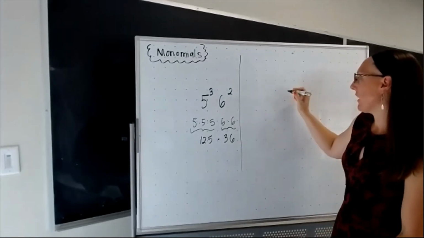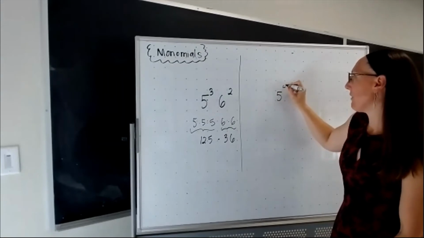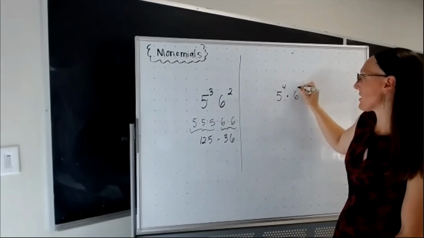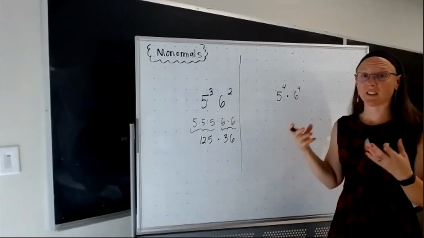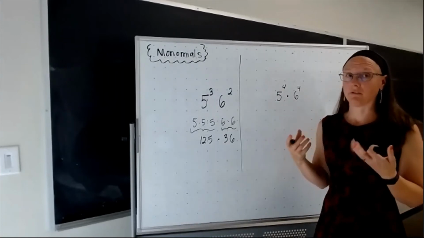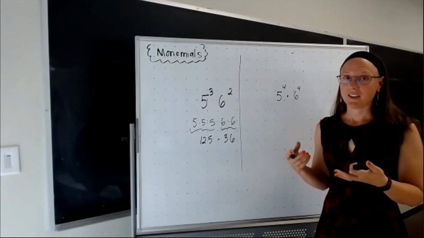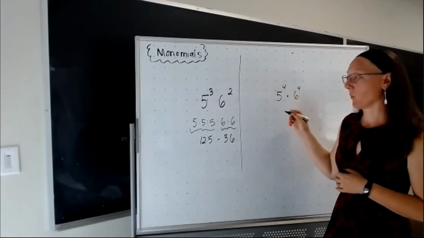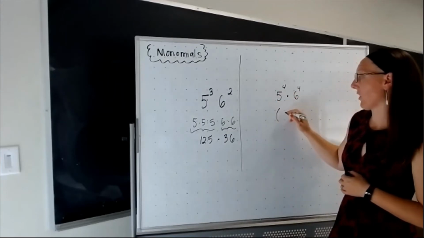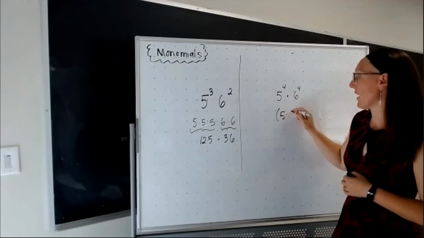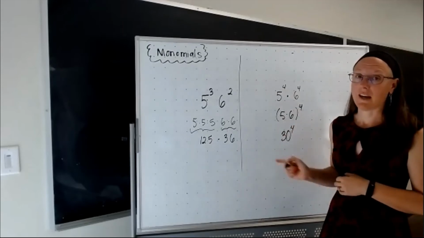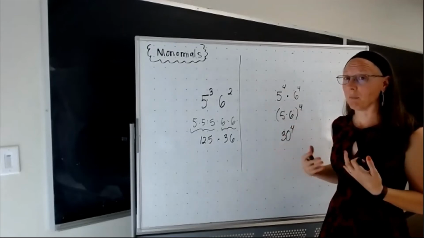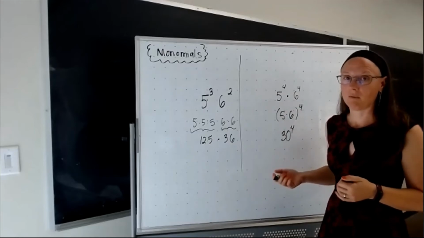So if I had 5 to the 4th times 6 to the 4th, I can use that distributive property in reverse to say they have the same exponent. So I could group that together as 5 times 6 to the 4th and write that as 30 raised to the 4th. And that probably would be a more simplified form.